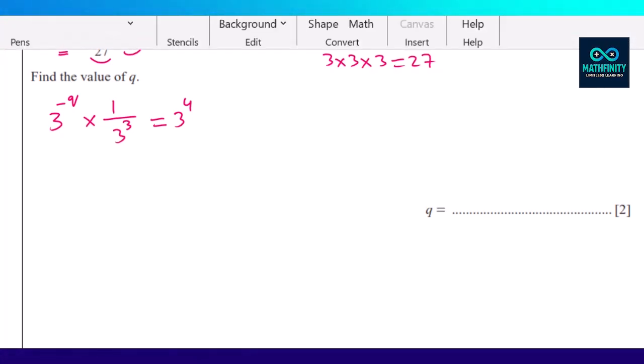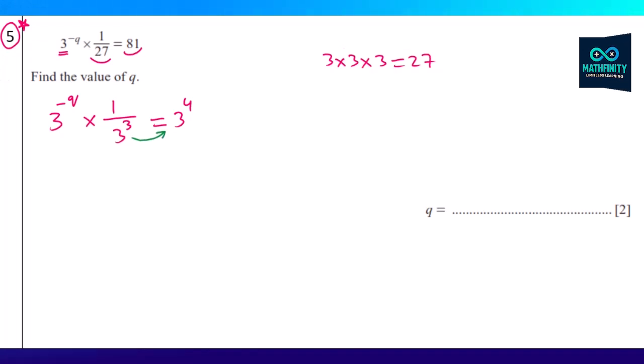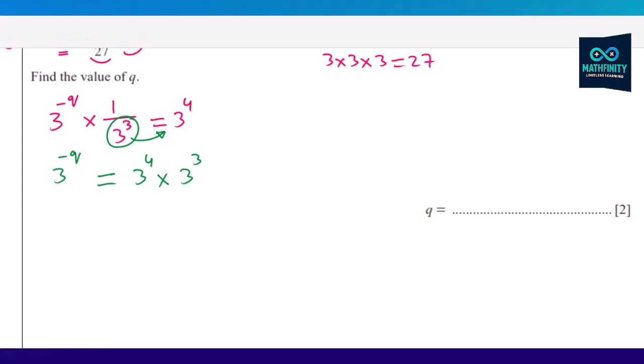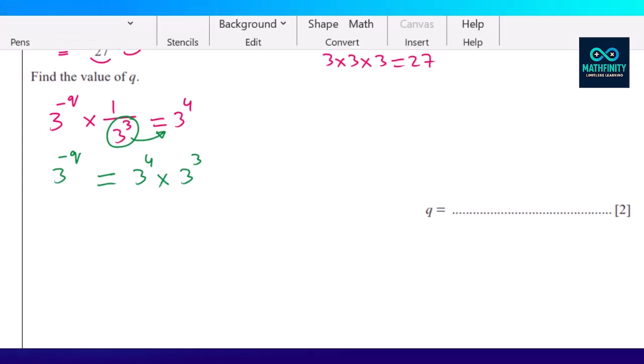So after this step we will shift this to the other side as it is in the division. So we have to write negative q is equal to 3 power 4 times 3 power 3. Because this number is in the division, when we will shift to the other side, we have to multiply.